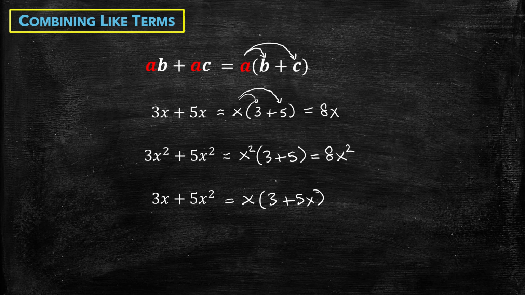You cannot combine 3 and 5x. So that's not very useful, and you realize that this cannot be simplified, okay? So they cannot be combined. So understanding this will help you to avoid common mistakes when adding and subtracting polynomials.